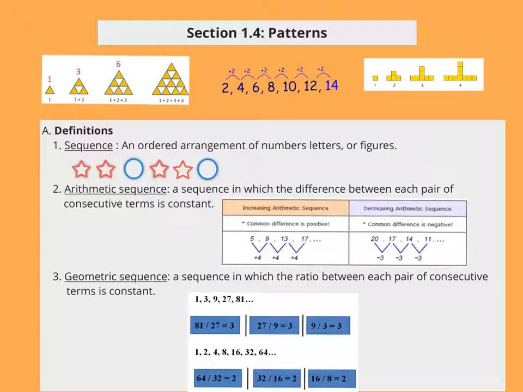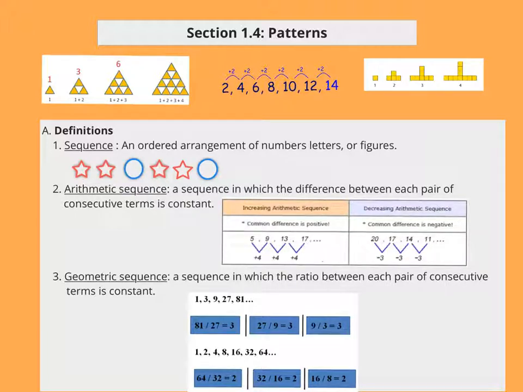We can have a sequence that's arithmetic, and that is if we're looking at a sequence of numbers, we notice that the difference between each consecutive pair of numbers is the same. So if we look at the example here, we can see that we have 5, 9, 13, 17. The difference between 5 and 9 is 4, between 9 and 13 is 4, 13 and 17 is 4.